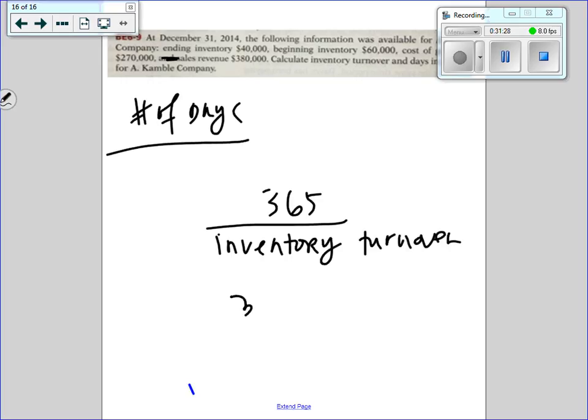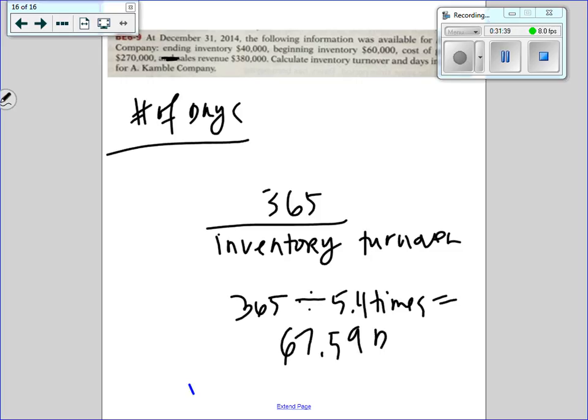So in this case, 365 days divided by the 5.4 times, every 67.59 days, so a good healthy 2 months plus to get our inventory turned over. What was Walmart's yesterday? 40-something days. Well, Walmart's super freaky wild as far as big box retailers.